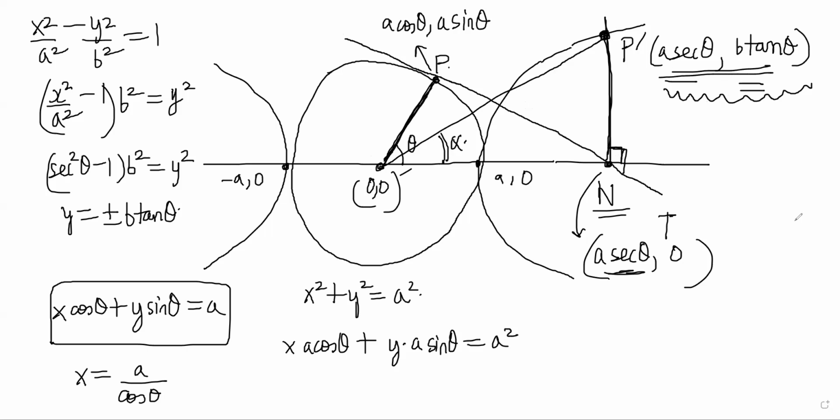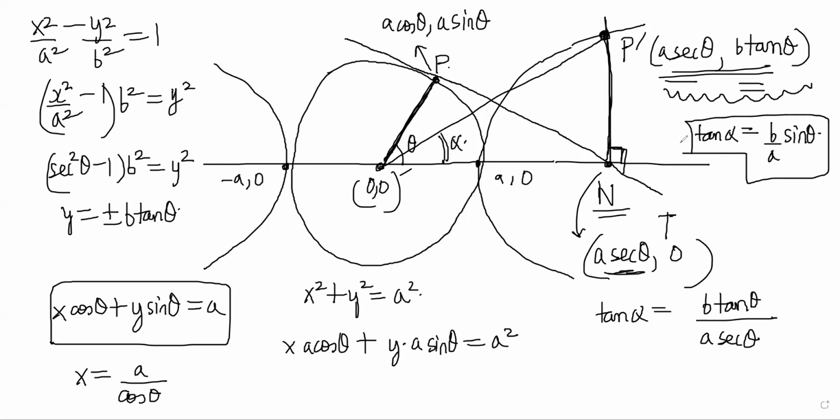So this angle alpha is actually tan alpha equal to b tan theta by the base, which is a sec theta, right? So tan alpha is equal to sine by cos, so it is b by a sine theta. That is something that you need to be aware of, right?